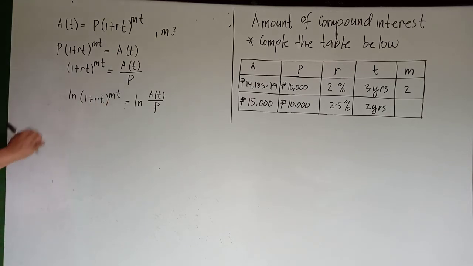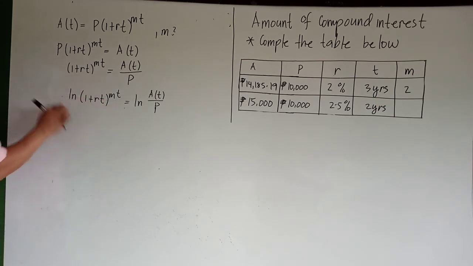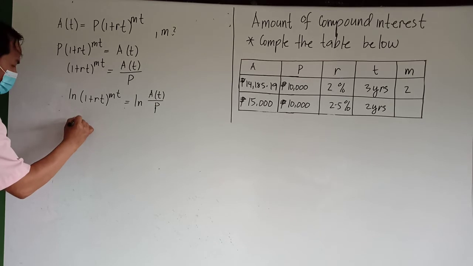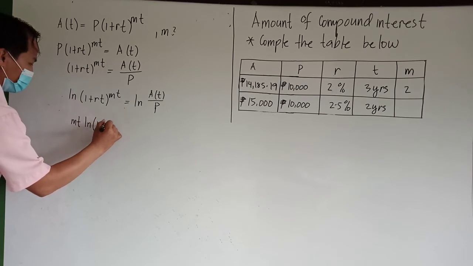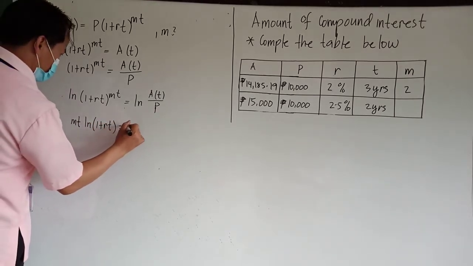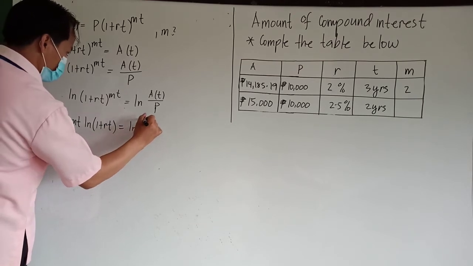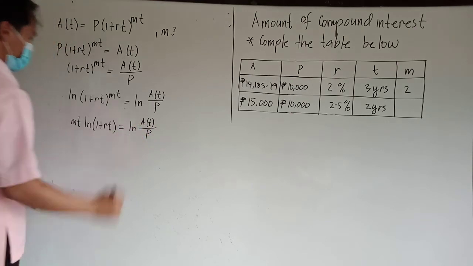Actually, this one, there is a law of logarithm which talks about the logarithm of a power. So that becomes M times T times ln of this quantity 1 plus rate times time. Okay? That is equal to ln of A of T over P.